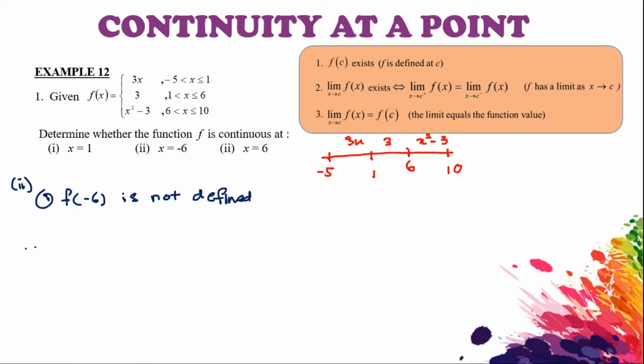Therefore, we can straight away conclude that f is discontinuous at x equals negative 6.